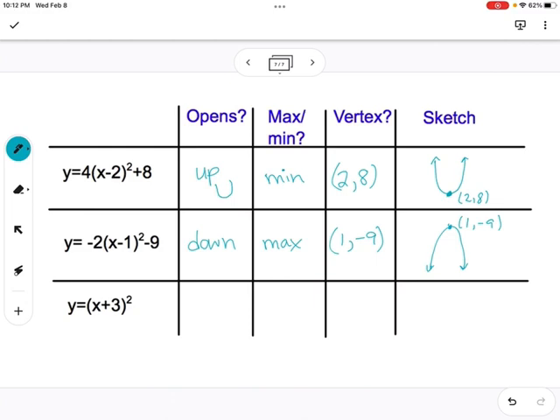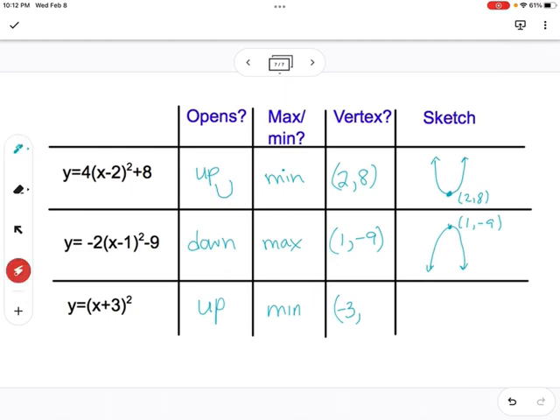The final one here, y equals x plus 3 squared. Out in front here, it doesn't show a number. That invisible number there is a positive 1. Since a is positive, it is going to open up, which means we have a minimum value. Now, looking for a vertex, we have a plus 3 here, which means our h is going to be a negative 3.